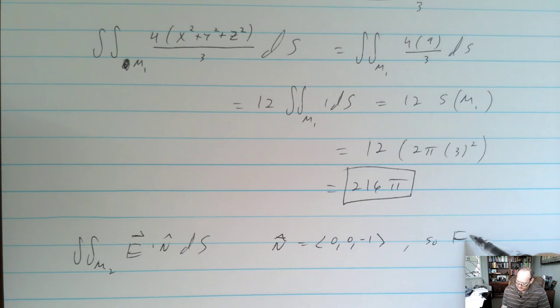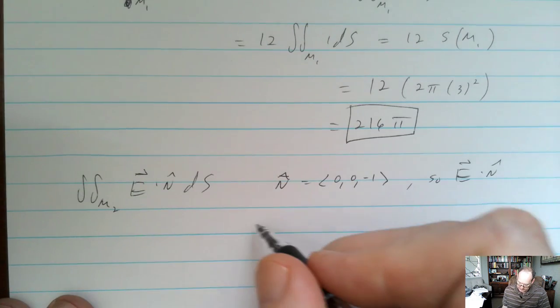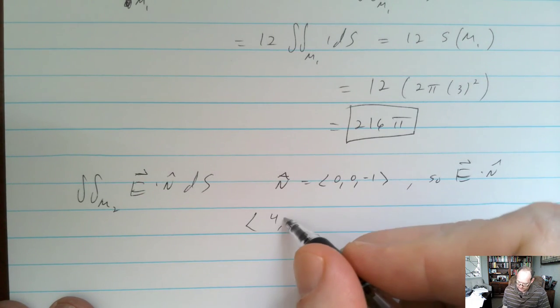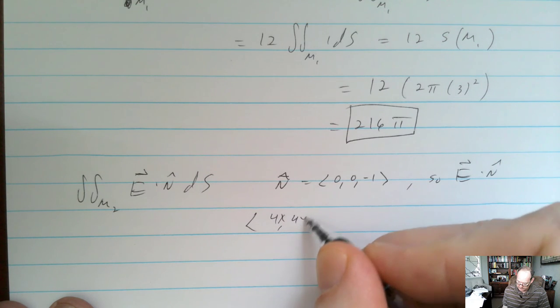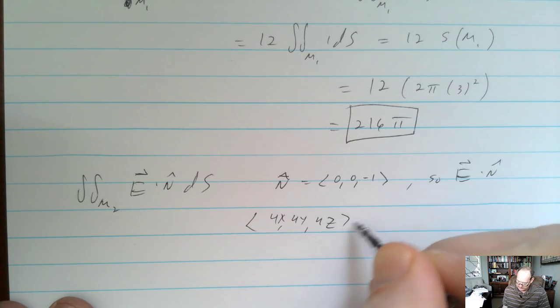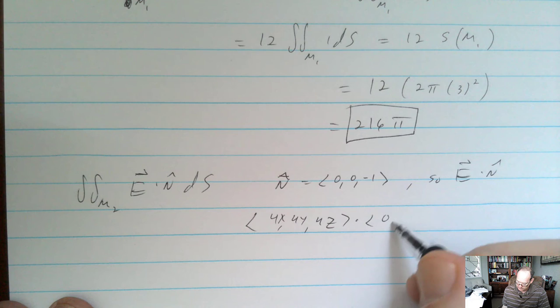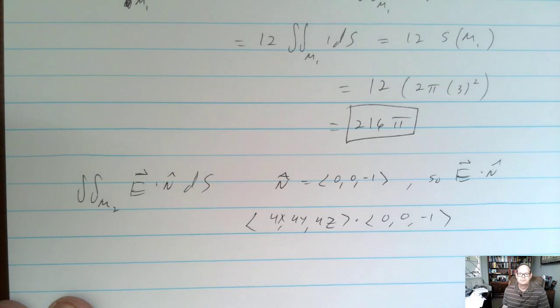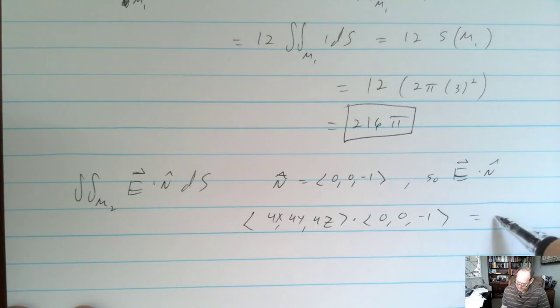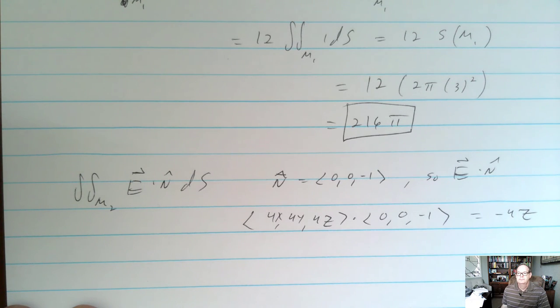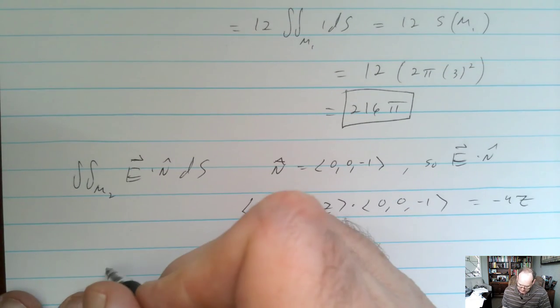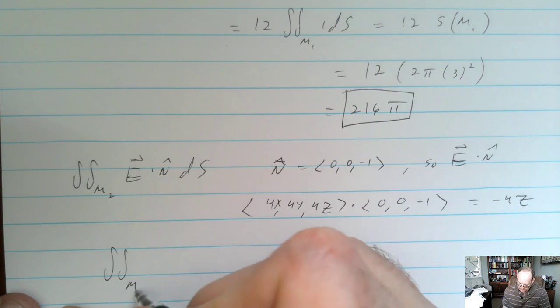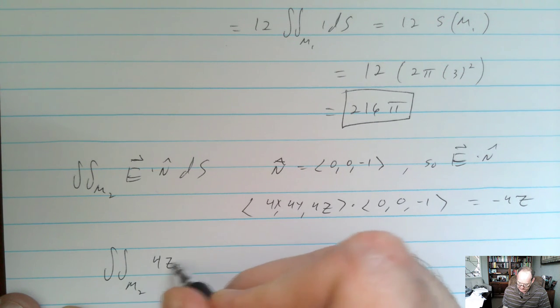So E dot n is going to be 4x, 4y, 4z dot 0, 0, negative 1, and that'll just give me negative 4z. So now I want to integrate on M2 4z dS.